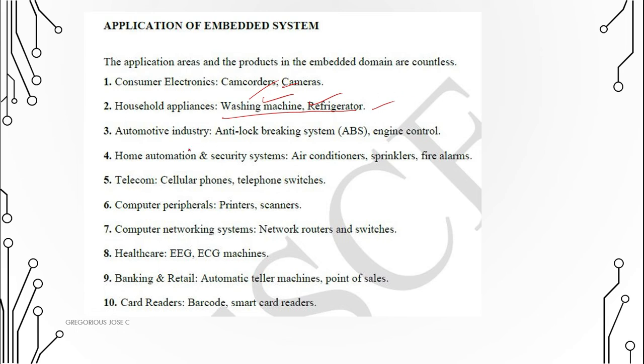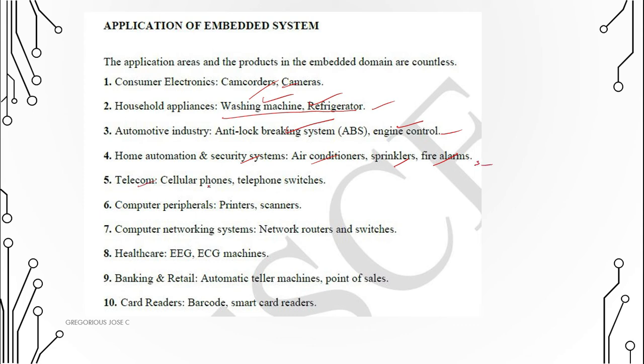Automotive industries nowadays use most of the embedded systems: anti-lock braking system (ABS), engine control device, smart monitoring system, power window, and all such things. Then home automation and security systems: air conditioners, sprinklers, fire alarms, security camera systems.